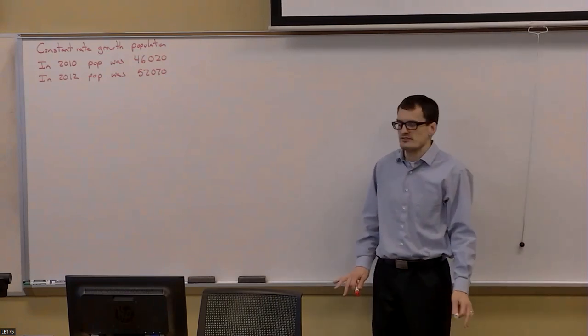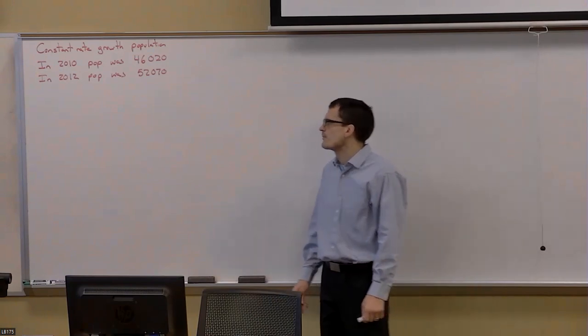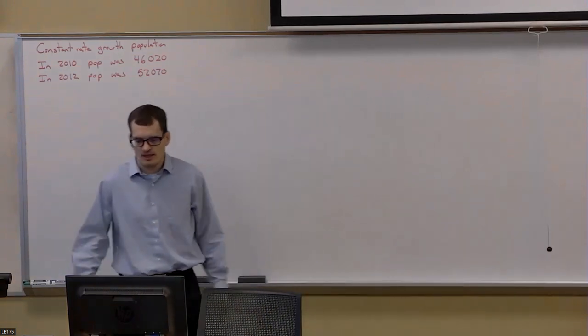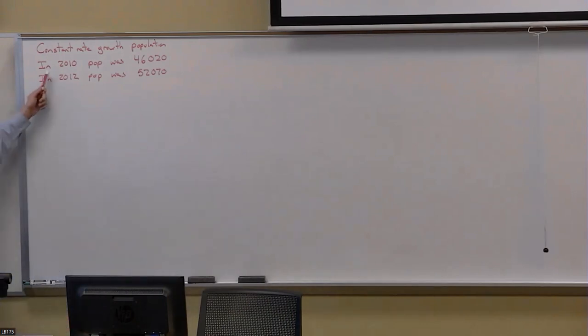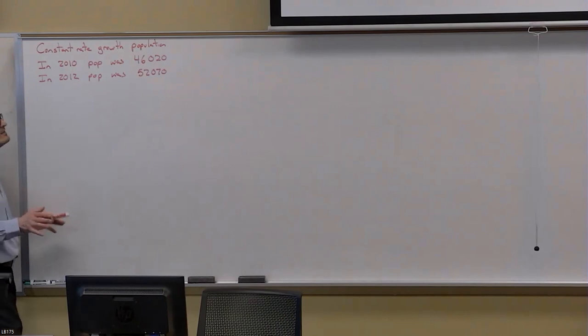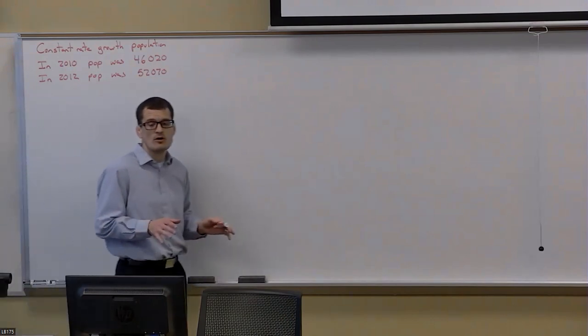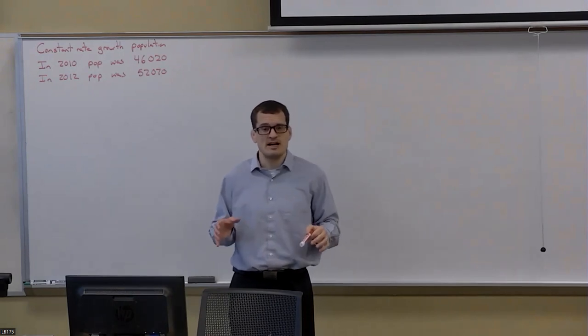Usually population is not linear growth, but we're assuming in this one it is. What we're given here is essentially 2 points. Now, sometimes we're going to let our time start at time 0.